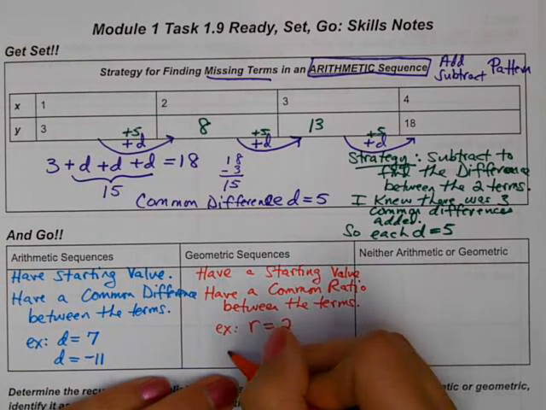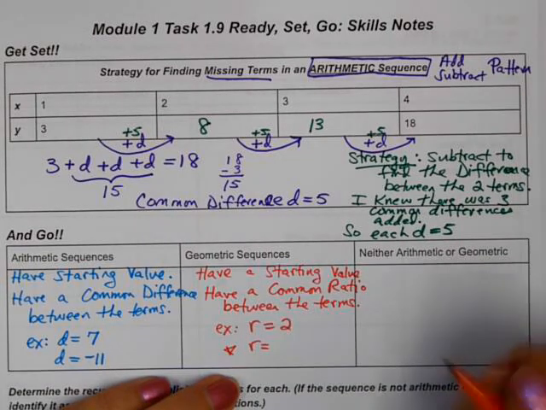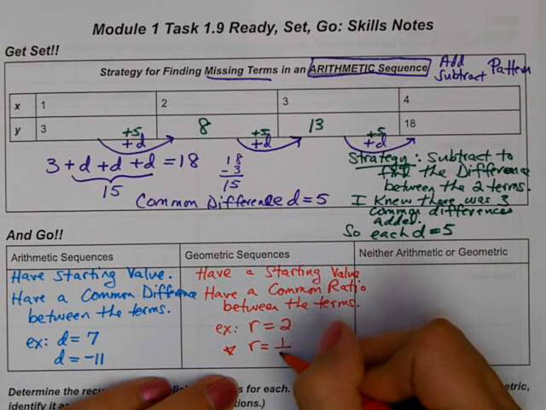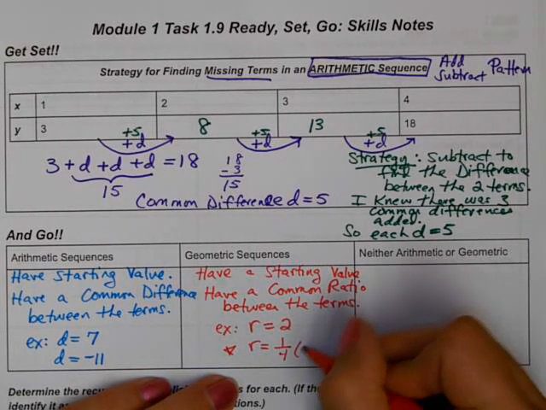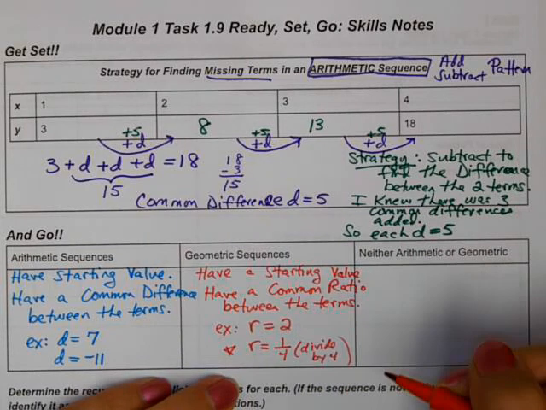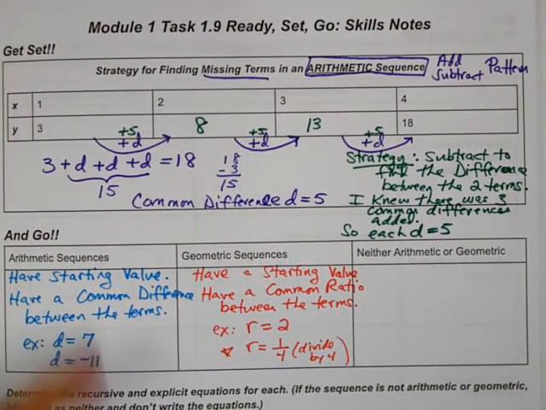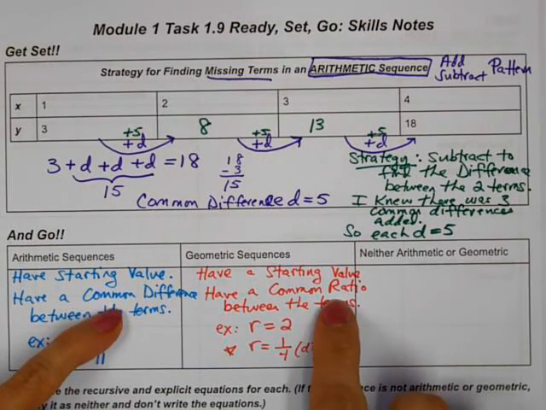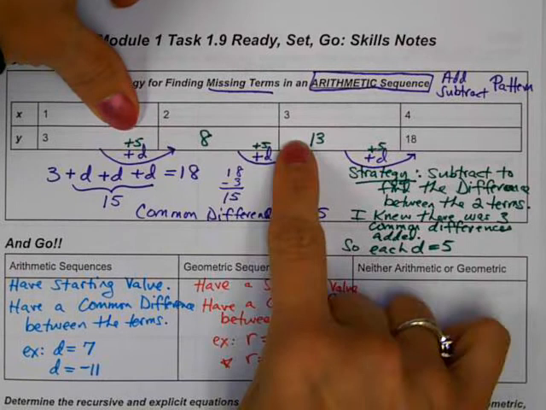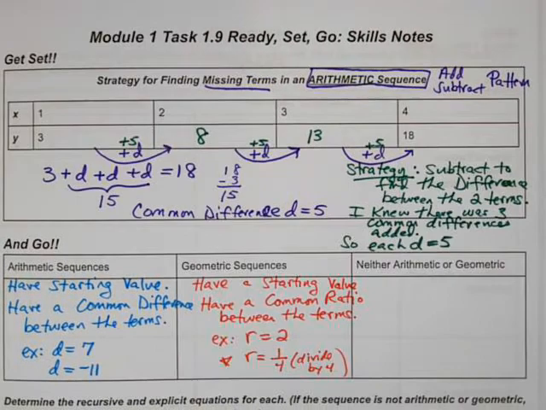And then I'm going to put a star by this one. If the difference is divide by 4, then I'll say 1/4. So that means divide by 4. Each term gets the common difference or the common ratio. So if you have 3 D's, then you have 3 common differences to get you there.